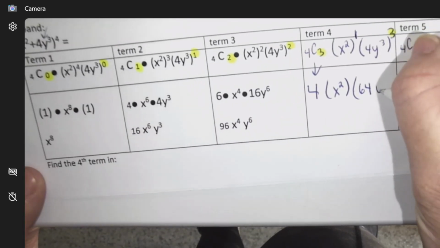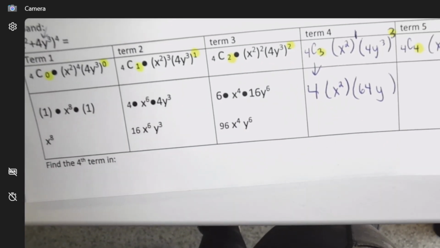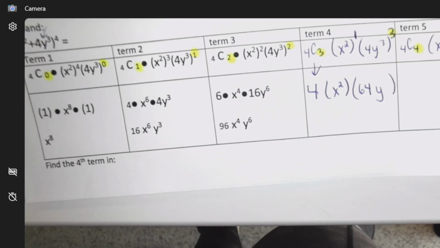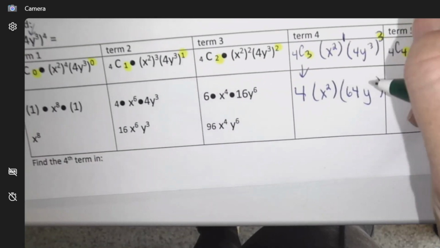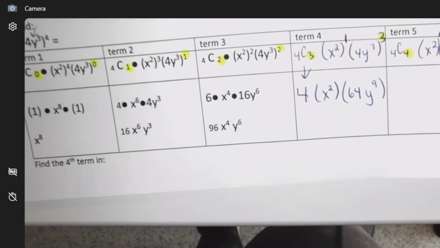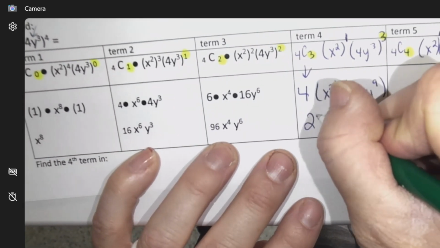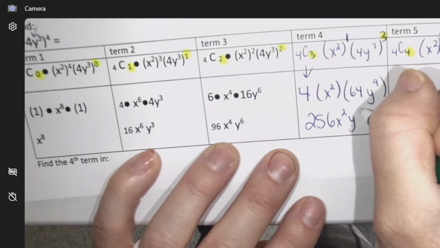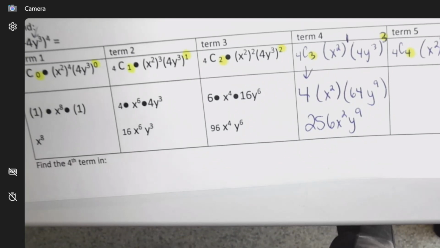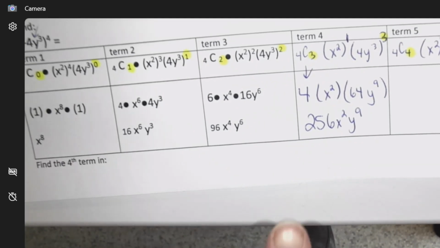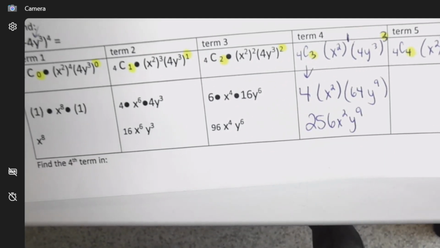And then y to the what? What do you do with exponent to an exponent? We just did this log rule stuff. 9, right? So there's our final term, because I'm going to times that 4 and that 64 together. That's what I did there. That's it.